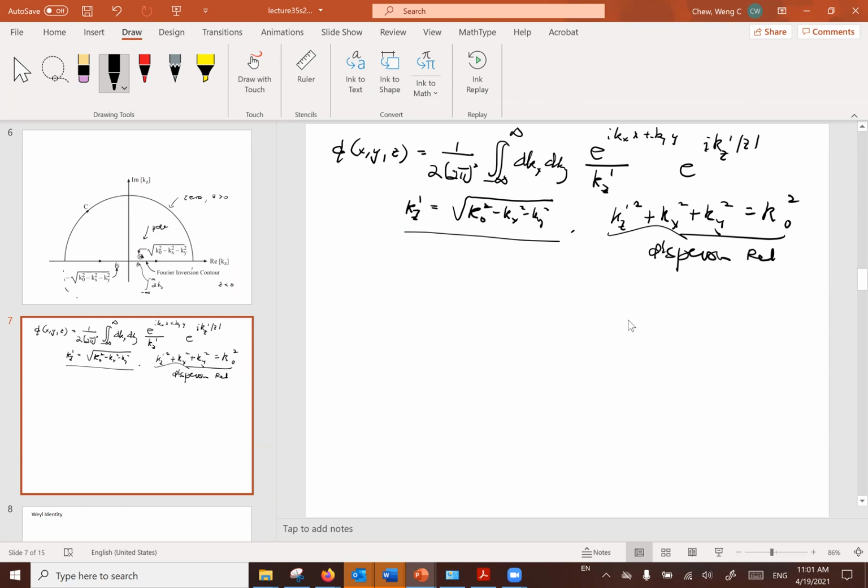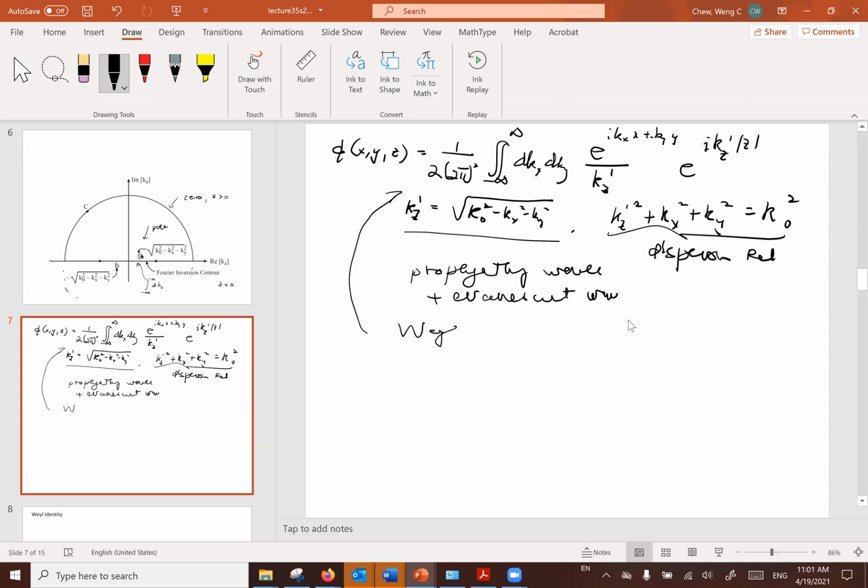I don't have a lot of time to discuss the detail of the physics. So this integral will have propagating waves plus evanescent waves. And this identity is called the Weyl identity. And you can do some manipulation.